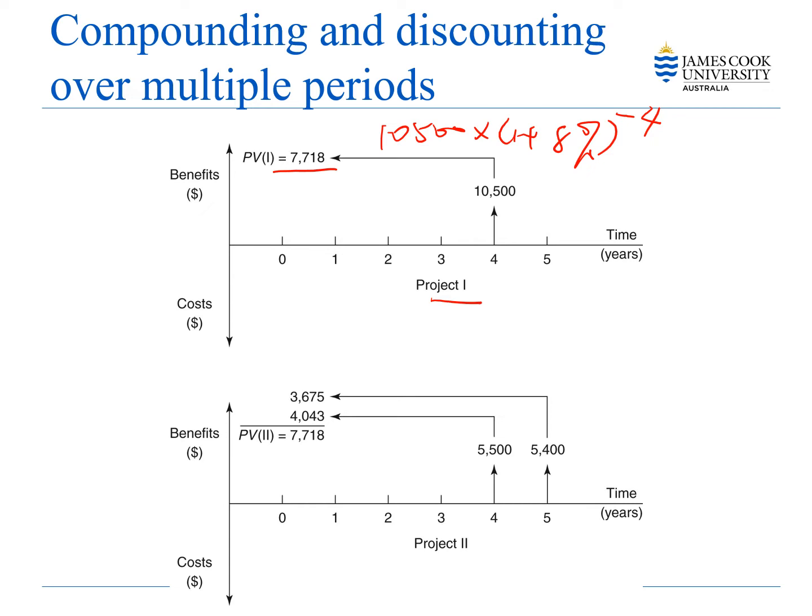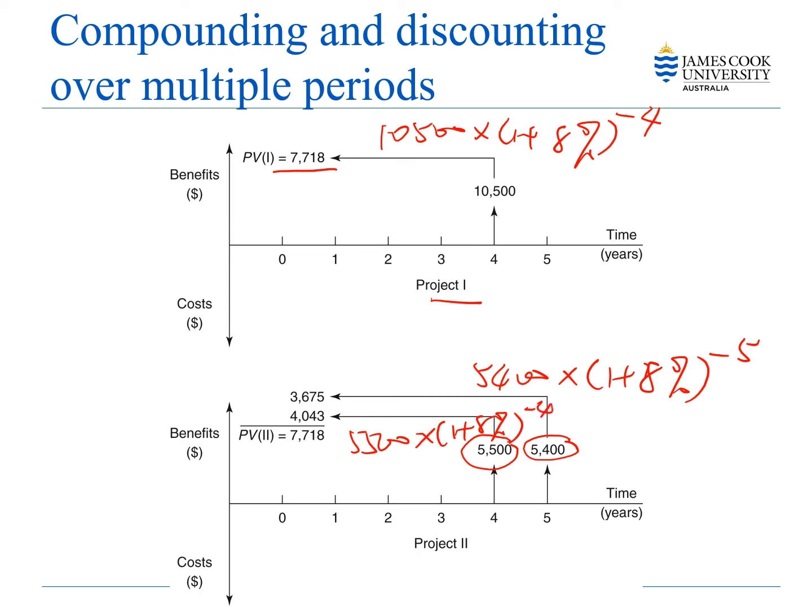Similarly, for project 2, there's a cash flow of $5,500 in year 4, and there's another one in year 5, which is 5,400. And discounting back, for the first terms, raised to the power -4.